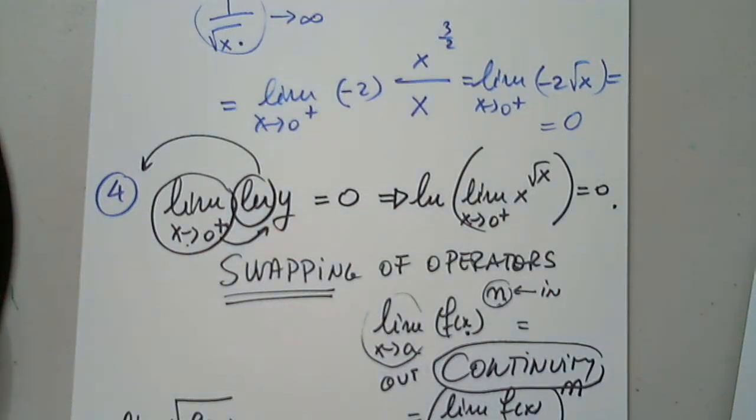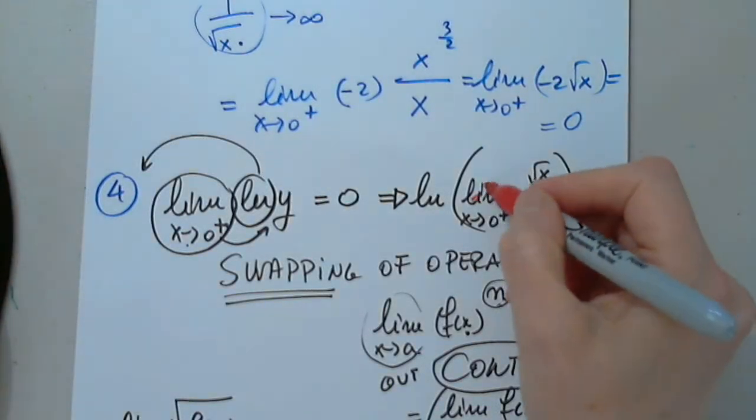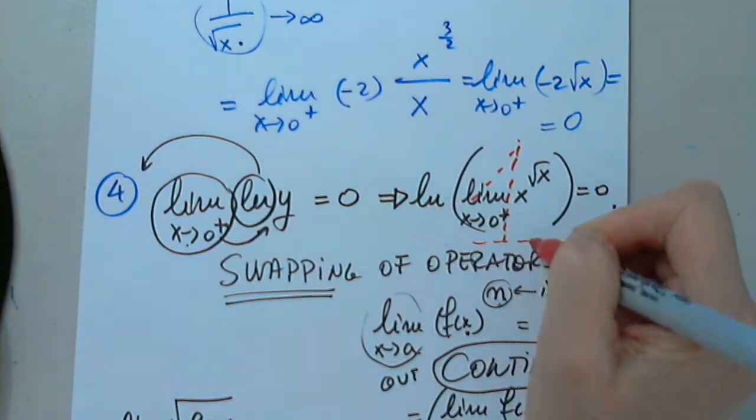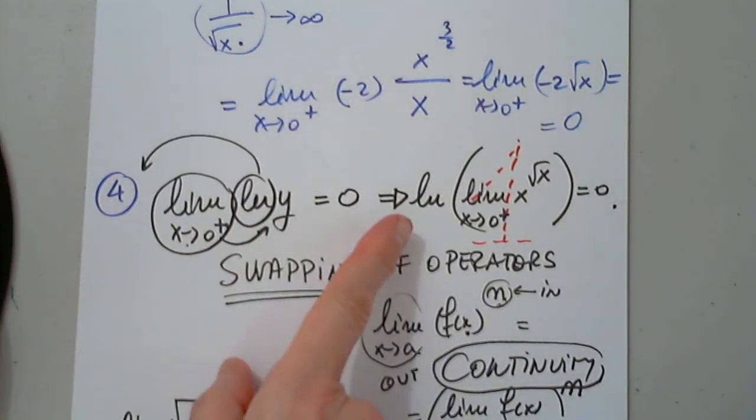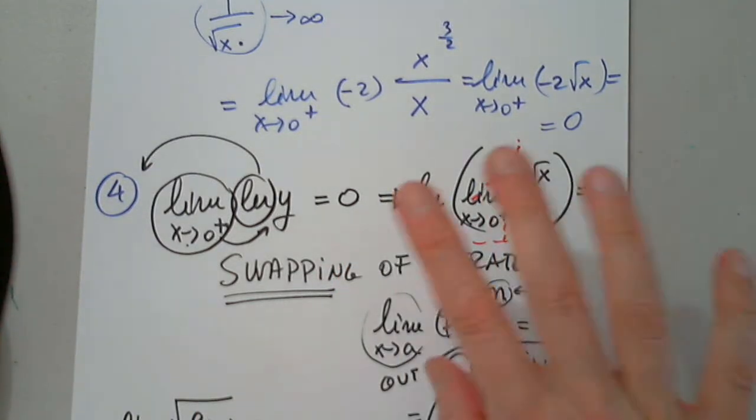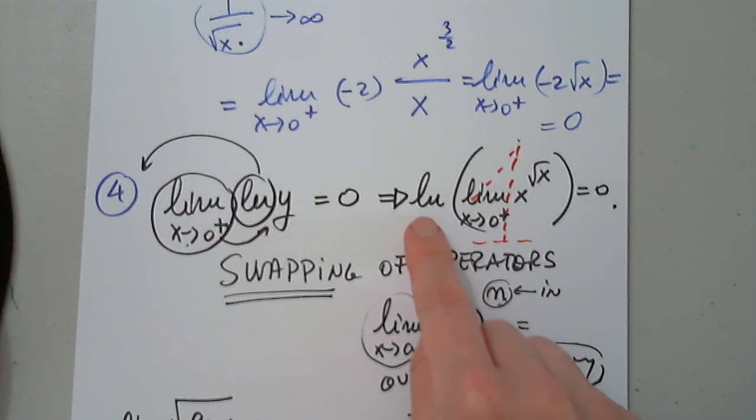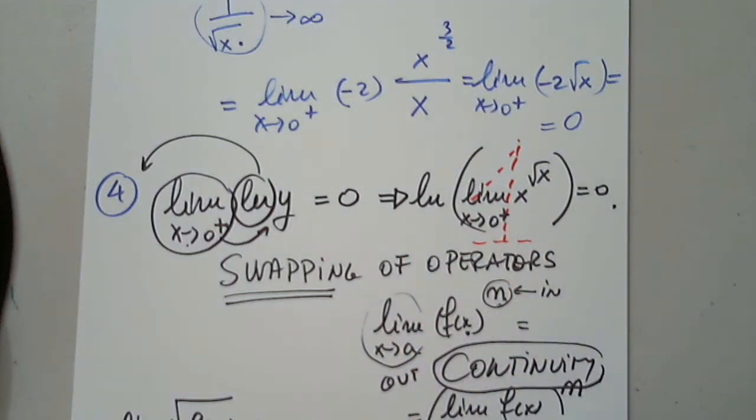So this must be 1. There is no other way. Why? Because only natural log 1 will be 0. There is no other number, but natural log 1 is 0.